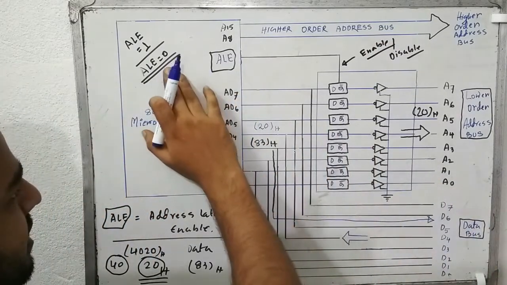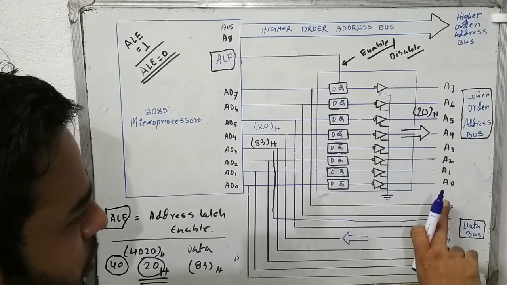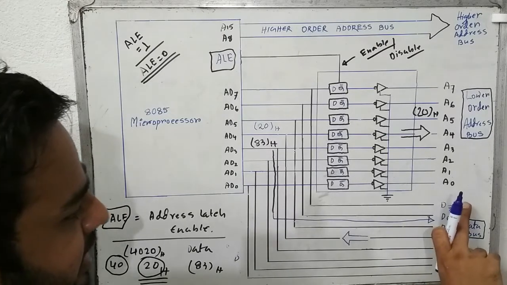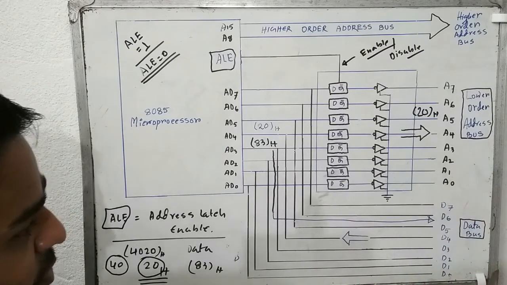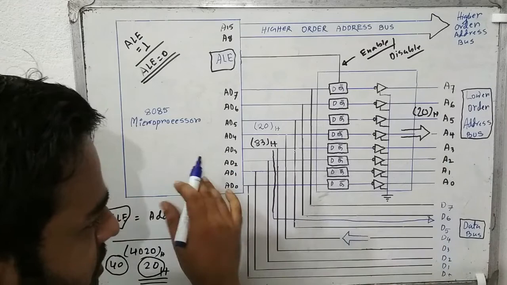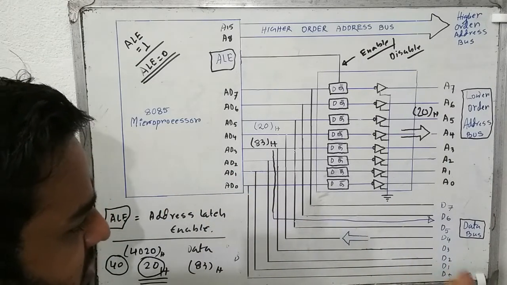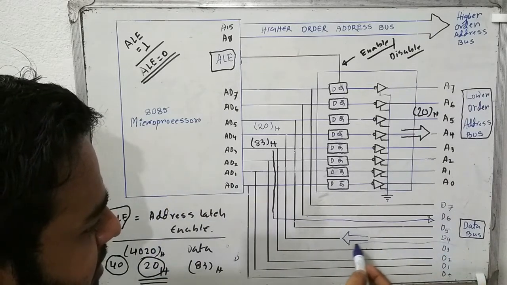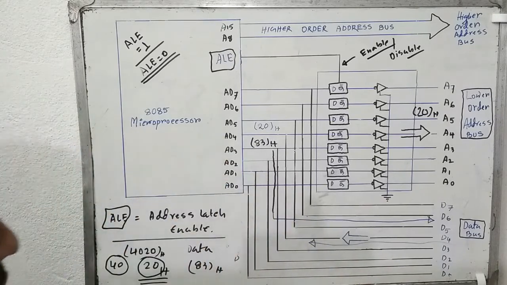That means ALE is 0, the circuit is deactivated, and this lower order line acts as a data line, as you can see over here. If the memory wants to send some data to the microprocessor, in that case the data will come through this path and will be stored in the microprocessor.